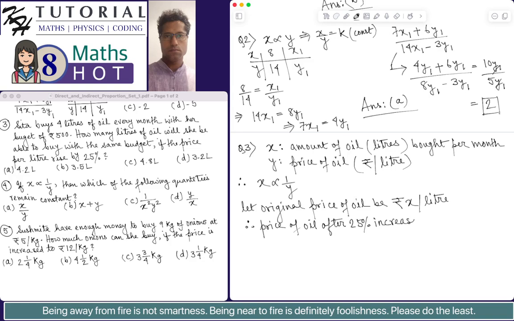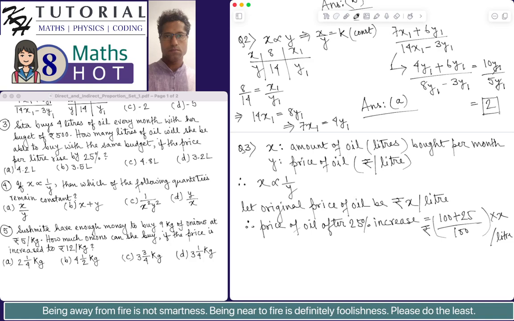Now, this is the concept of percentage. If I write it, the price of oil after a 25% increase will be (100 + 25)/100 multiplied by X. This will be the price of oil per liter after a 25% increase.